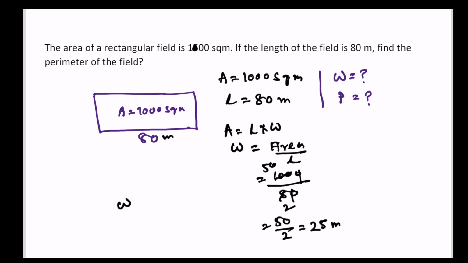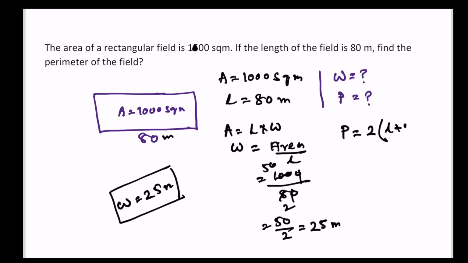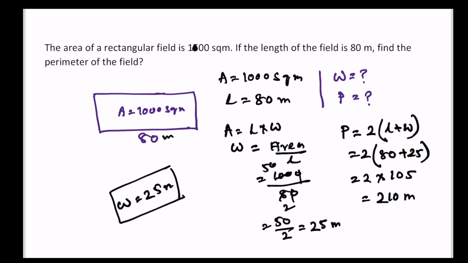So width is equal to 25 meters. Let's box it. Perimeter is equal to 2 into (length plus width). That means 2 into (80 plus 25), which is 2 times 105, that is 210 meters. So the perimeter is equal to 210 meters.